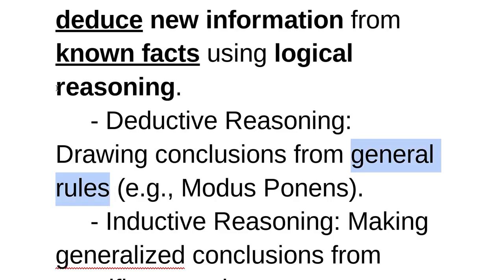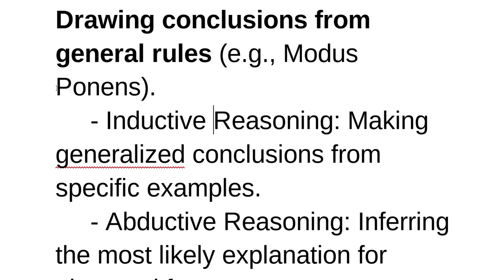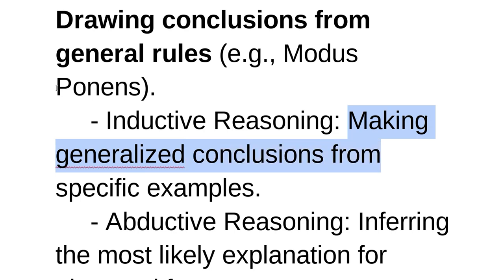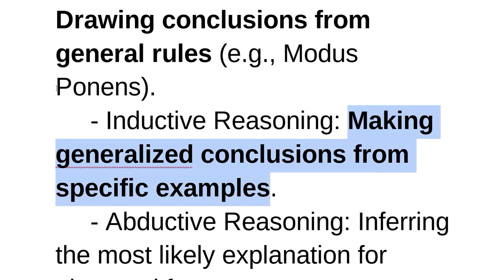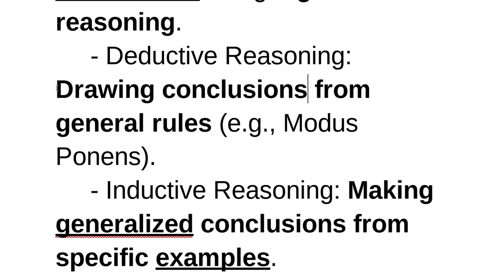Some general rules are given and you have to draw conclusions from them. Whereas inductive reasoning is just the opposite, making generalized conclusions from specific examples. So you are going from examples to generalizations.